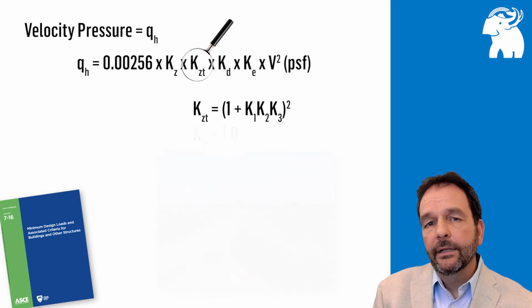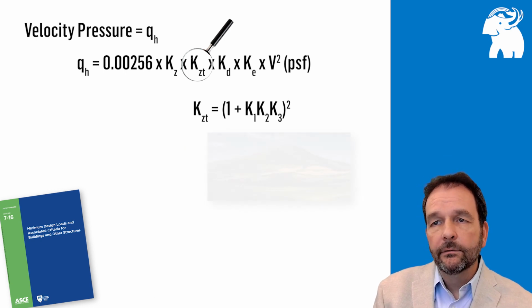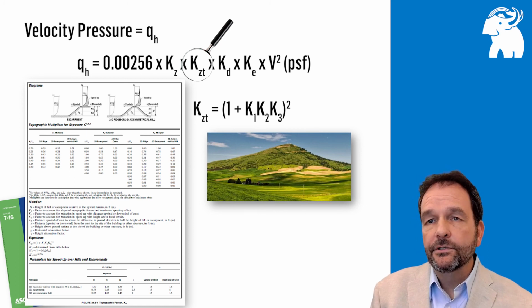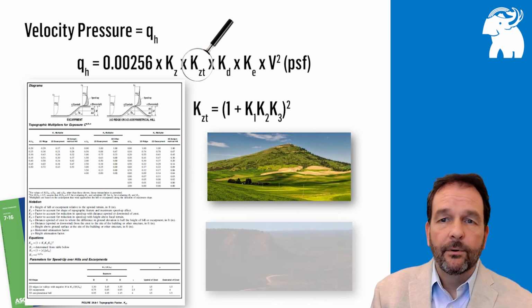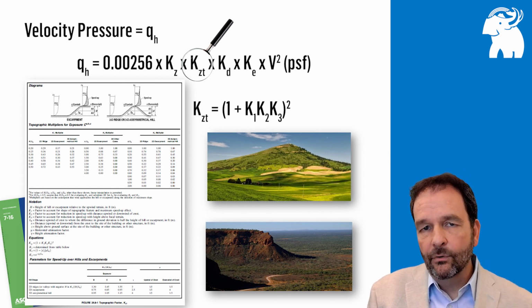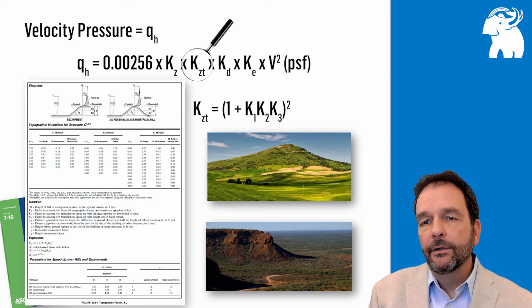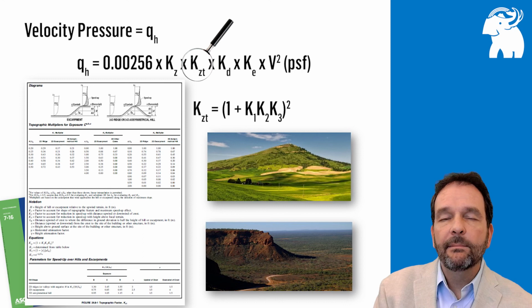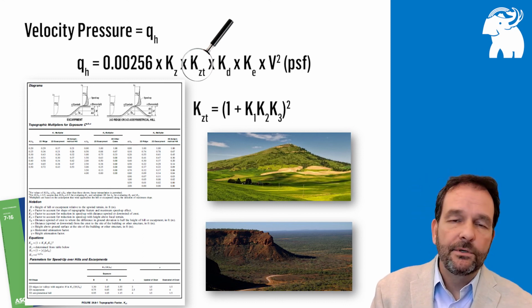Now, if your building happens to sit up on a hilltop, you would calculate your K sub zt coefficient, or if it were to sit on an escarpment, where the wind would come across open uniform terrain and then be compressed by a hill or escarpment, the wind would speed up. And so you have to account for that by calculating this topographic factor. But in most cases for uniform terrain, it's going to be just 1.0.